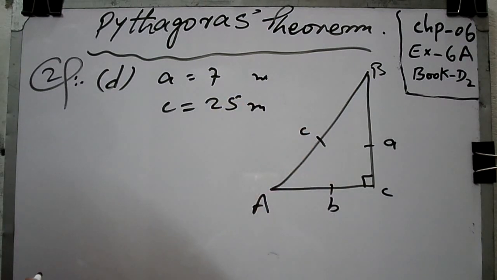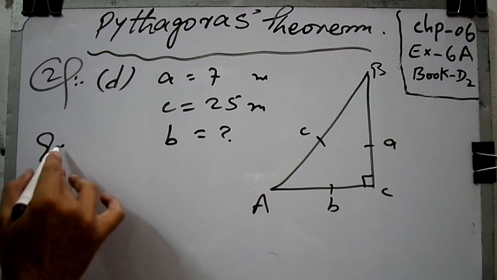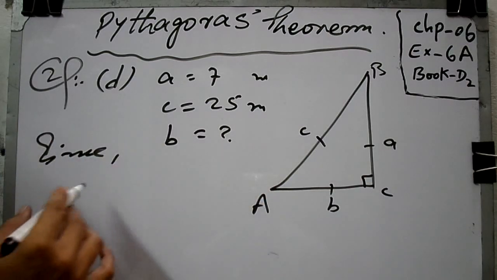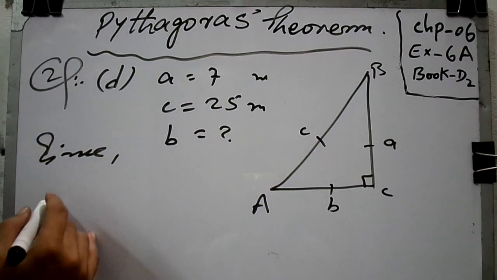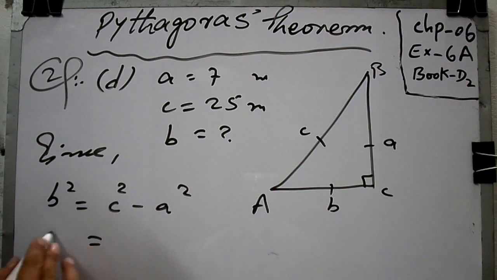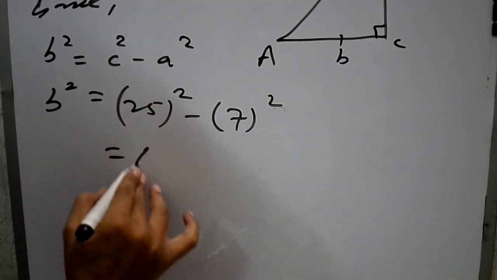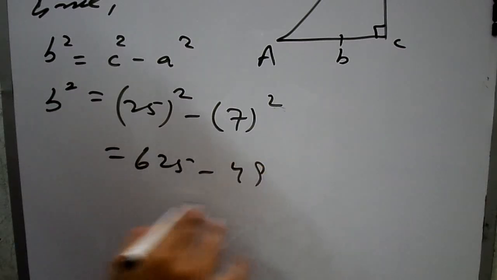Okay, we have to find the value of B. Since by Pythagoras theorem you can say that B square is equal to C square minus A square, putting the values, B square is 25 whole square, 625 minus 49.